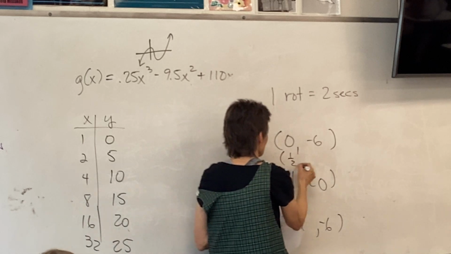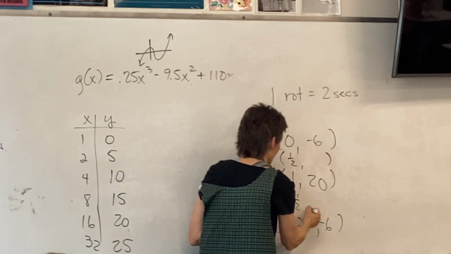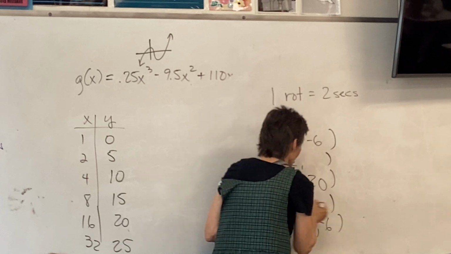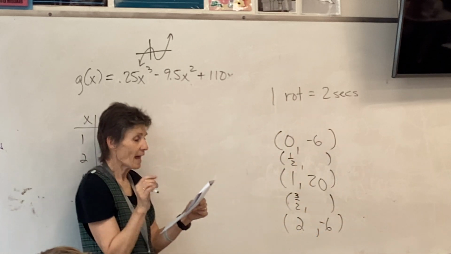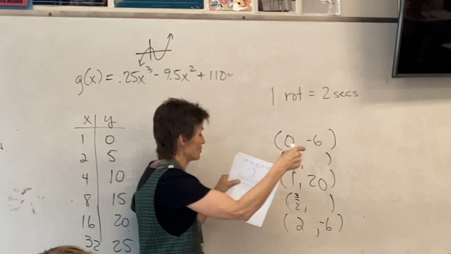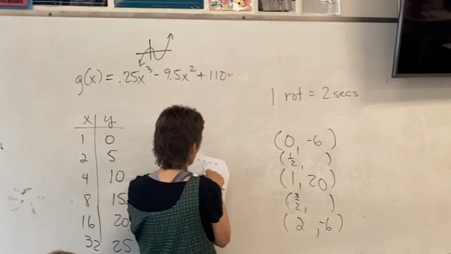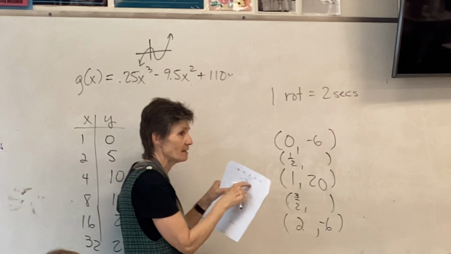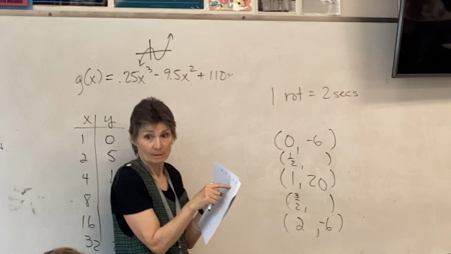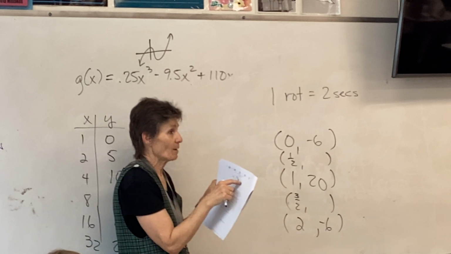Now, where is it in the middle? Half or 3 halves. Where is it in the middle? So halfway, okay, it's rotating counterclockwise. So halfway, it's going to be, Alex says 13. Is he right?